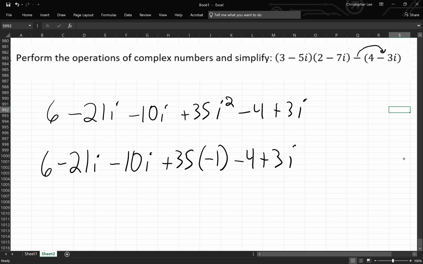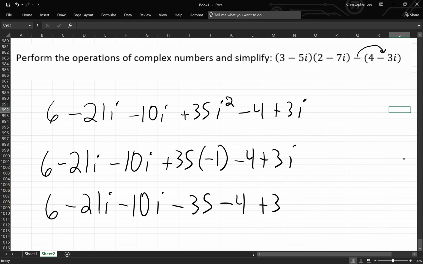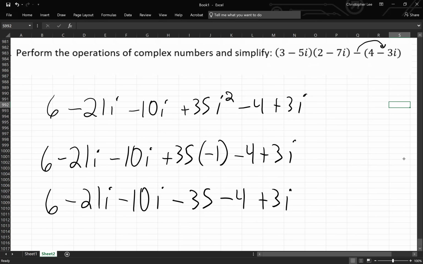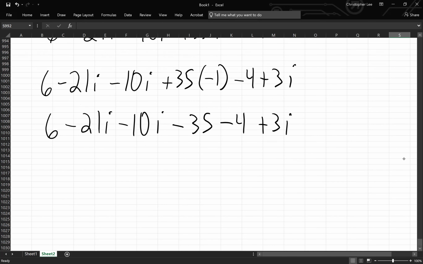This should be 6 minus 21i minus 10i minus 35 minus 4 plus 3i. And now, here's the hard part. I want to combine like terms, which means I want to add, right? So add this up. Tell me what you get.